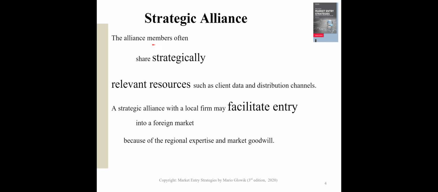The alliance members often share strategically relevant resources, such as client data and distribution channels. A strategic alliance with a local firm may facilitate entry into a foreign market because of the regional expertise and market goodwill of the local alliance partner.